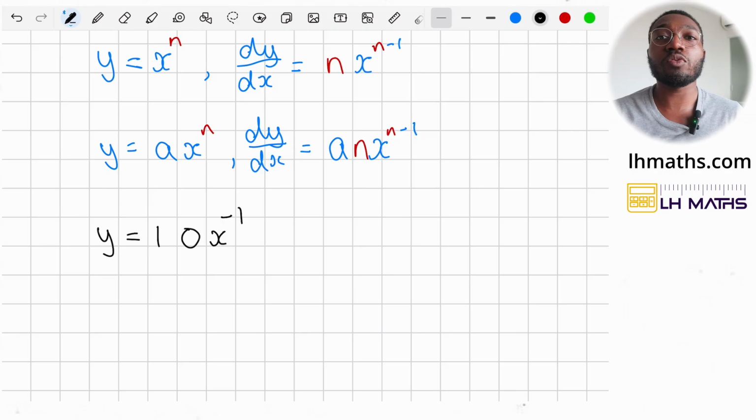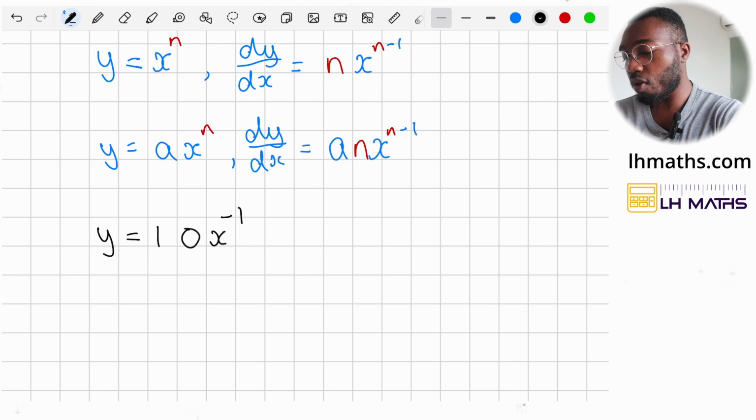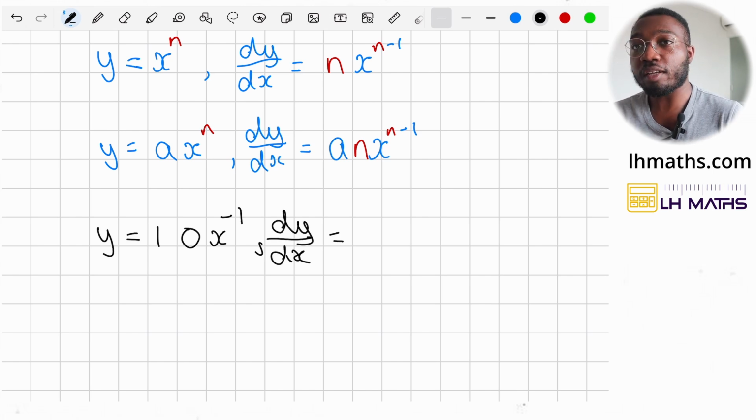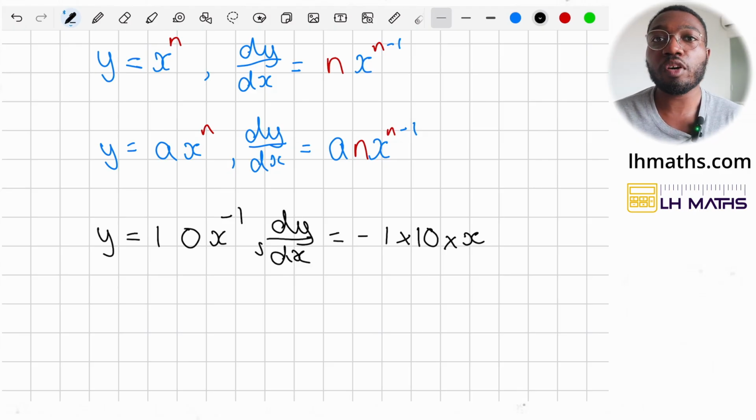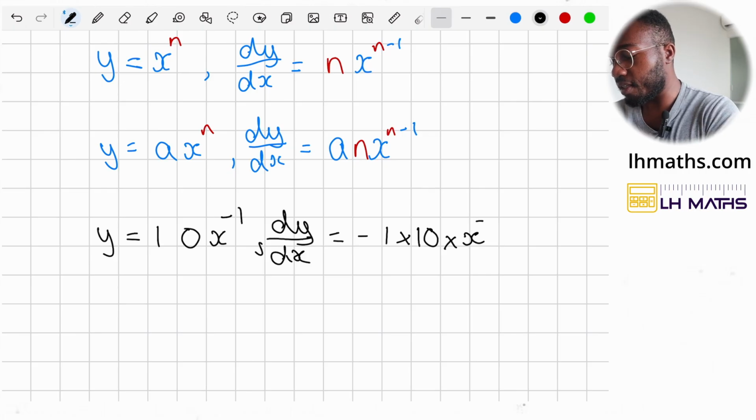What if we had y is equal to 10x to the power of negative 1? Again, it's the same thing. We start by bringing the power down to the front, so minus 1 times the 10 times x. We're still minusing 1, but remember that when you minus 1 from minus 1, it will be negative 2.